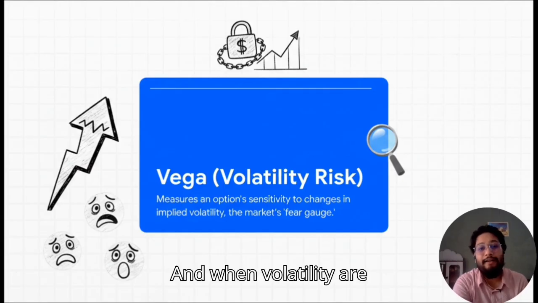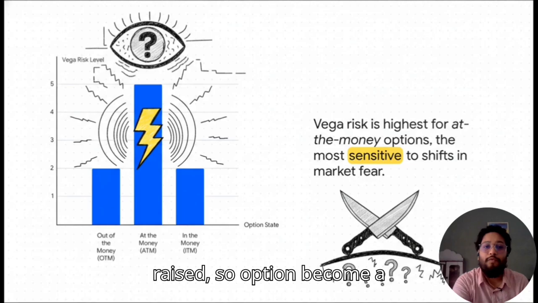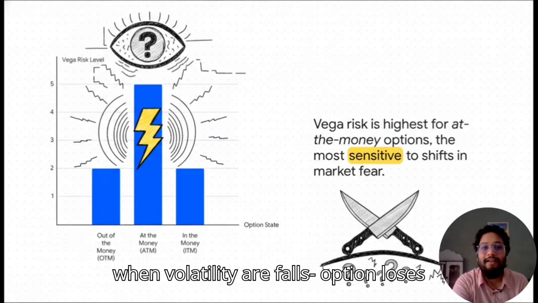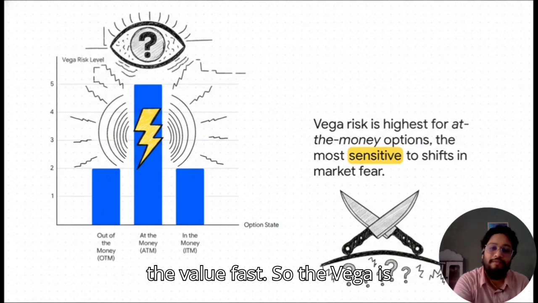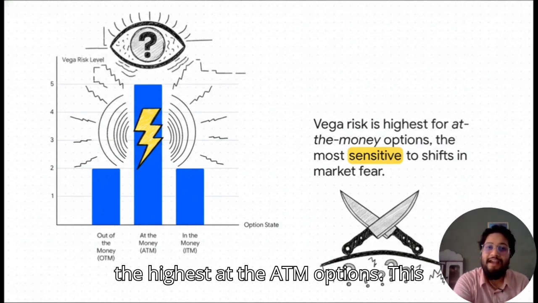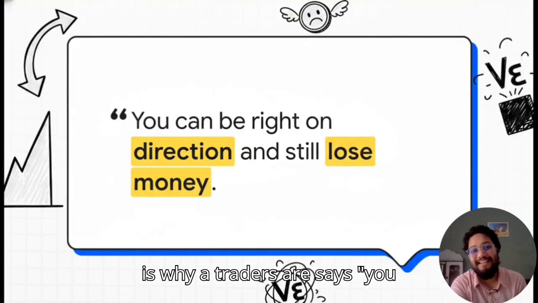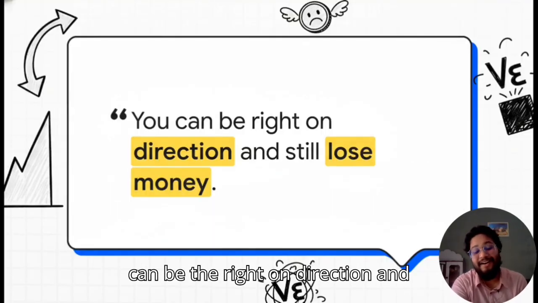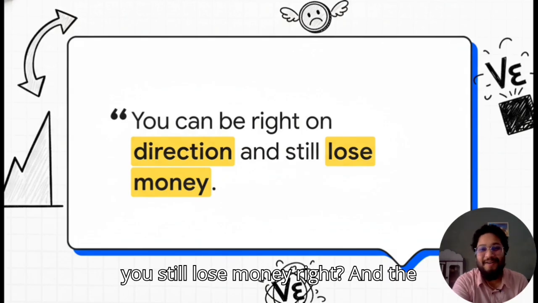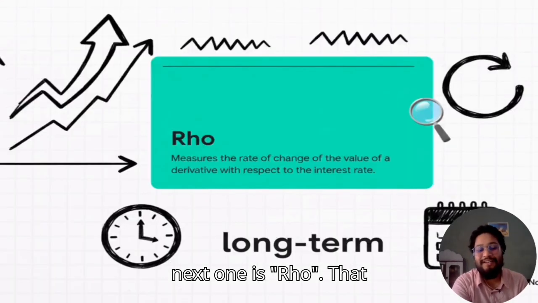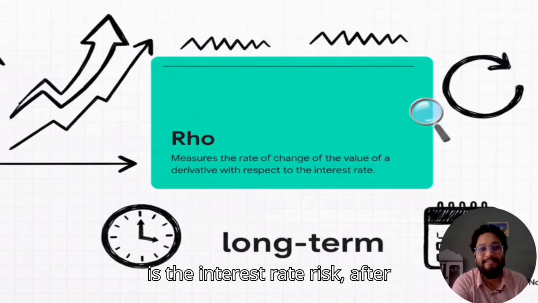When volatility rises, options become expensive, and when volatility falls, options lose value fast. Vega is the highest for ATM options. This is why traders say you can be right on direction and still lose money, right?